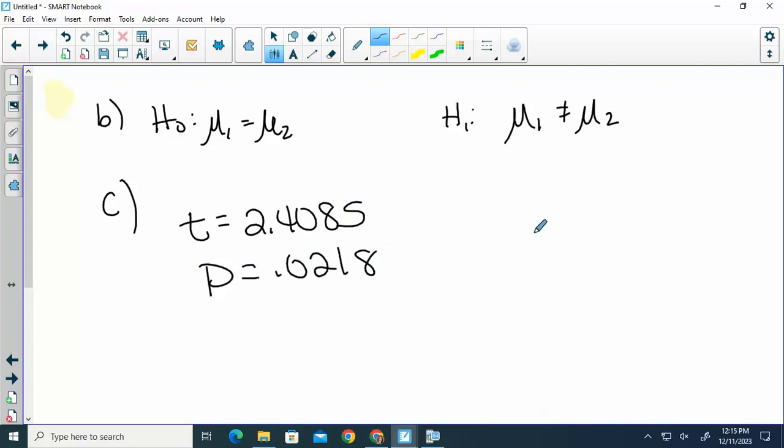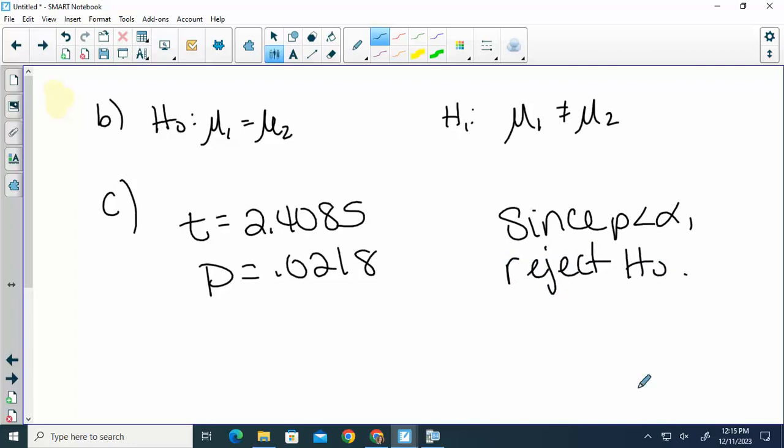What alpha level did I give you? So, since p is less than alpha, we reject the null hypothesis. Then I said to write a sentence. So we would say there is enough evidence to conclude that there is a difference in comprehension between the 2 types of manual.